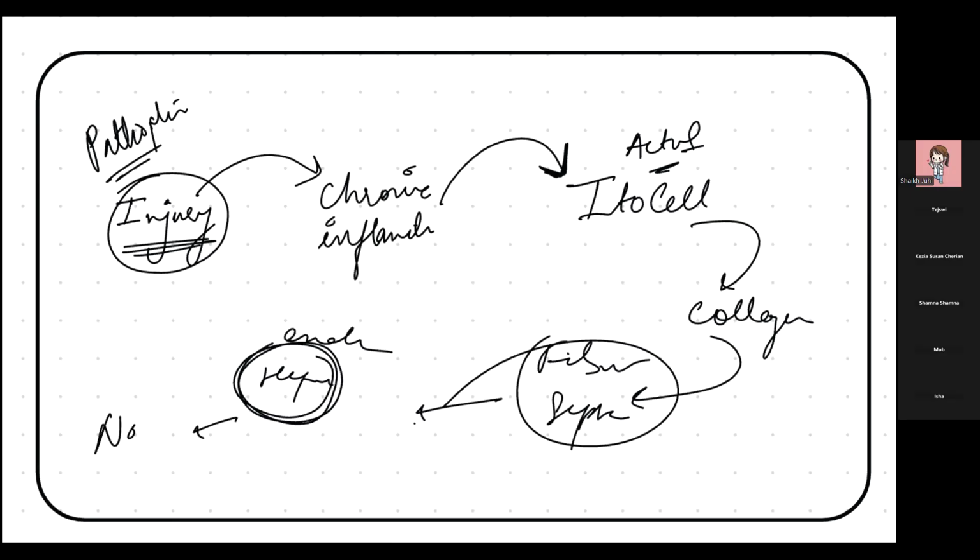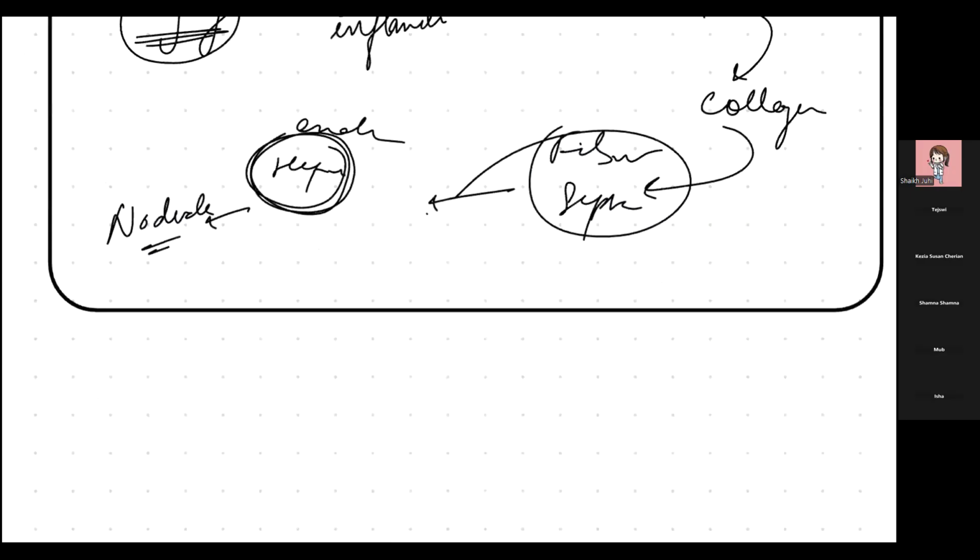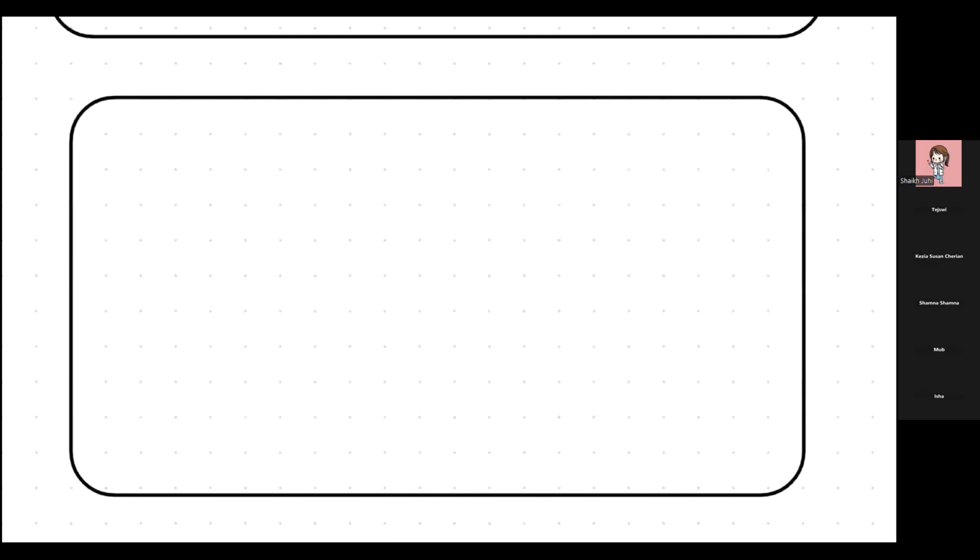I'll just show a pictorial diagram. I'll just draw so that you can imagine it well. See, let's suppose this is your Ito cell. Now what happened to your Ito cell? It got injury. Now it started producing fibers.